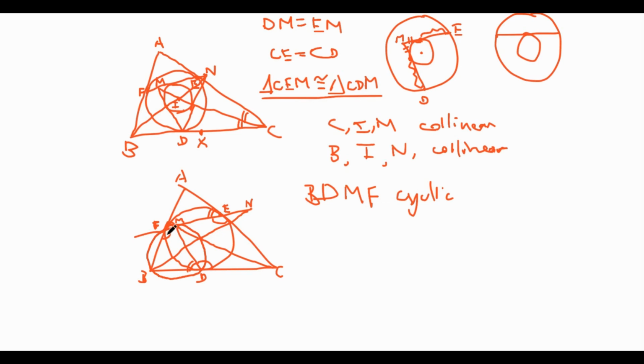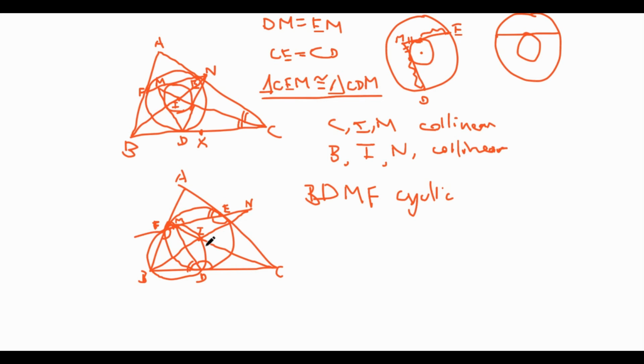And now we also note that the circumcircle of triangle BFD also passes through the incenter because angle BFI is equal to 90 degrees and the angle BDI is equal to 90 degrees. So in fact, BI is the diameter of this circle.